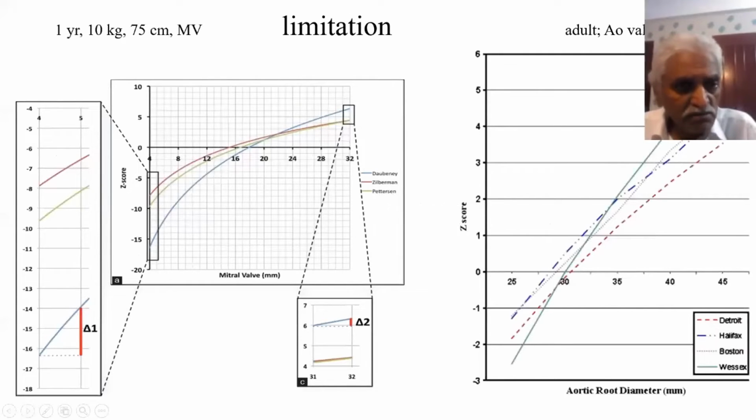With the mitral valve size plotted against the Z-score, depending on the methods or the models, there can be variation in the extremes of the valve size. Also in adults, when the Detroit or the Wessex models were used, there was a wide variation in the extremes of the aortic size.